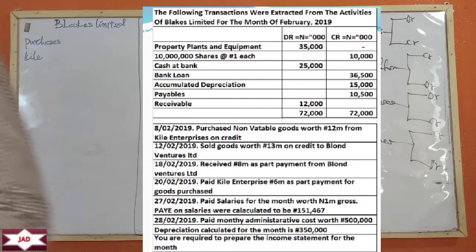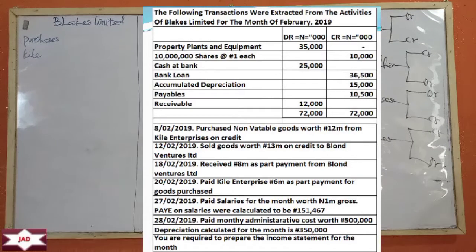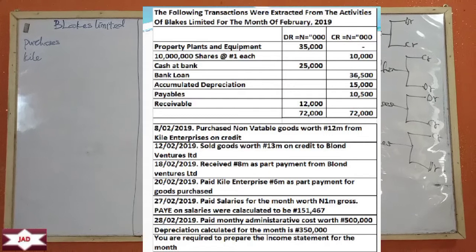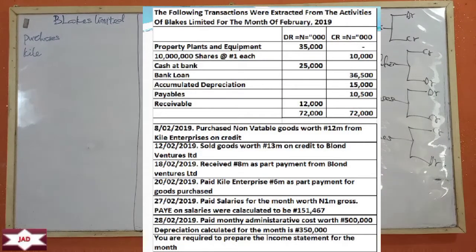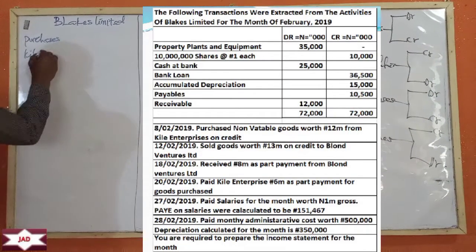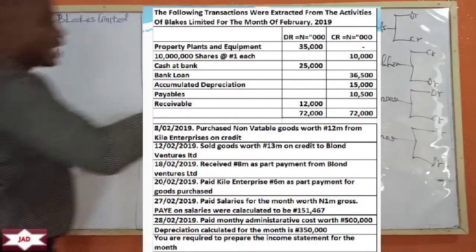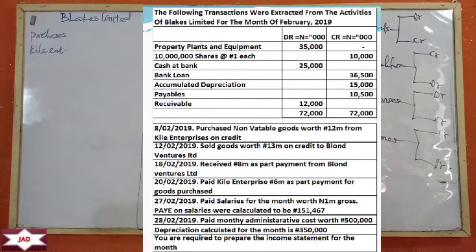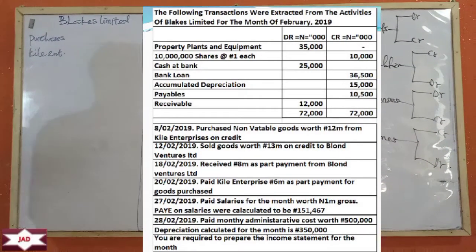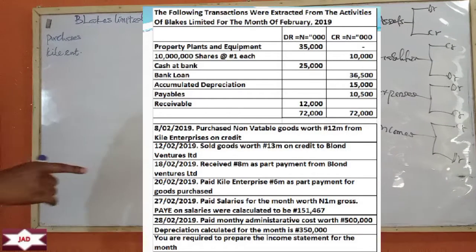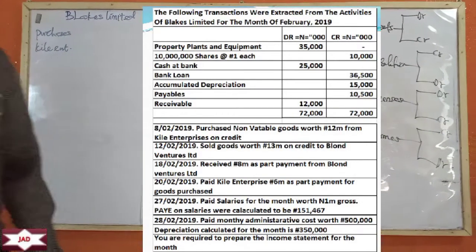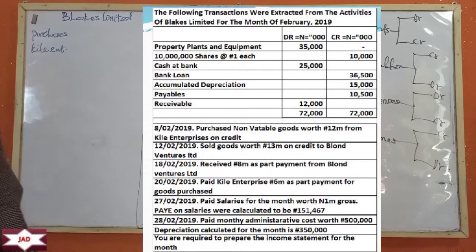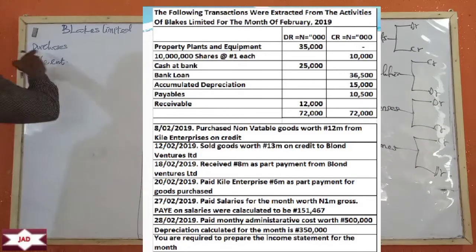What do we have there? 12 million, right? So we have purchases. Purchases here is more like an expense. It's a cost, but it's direct in this case. So we have spent 12 million, debit for purchases.